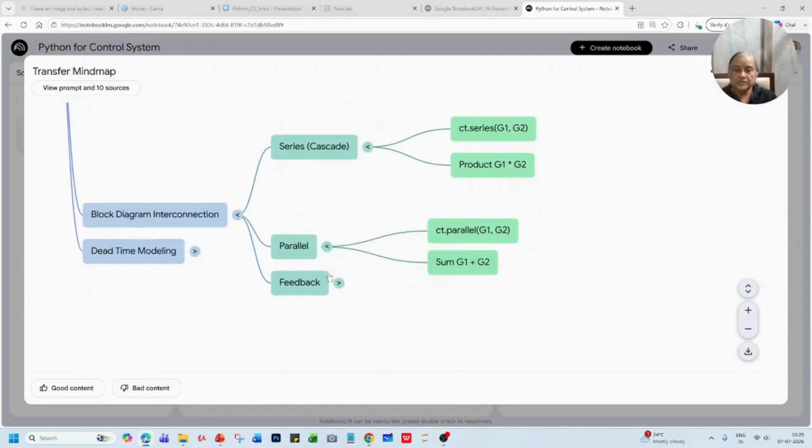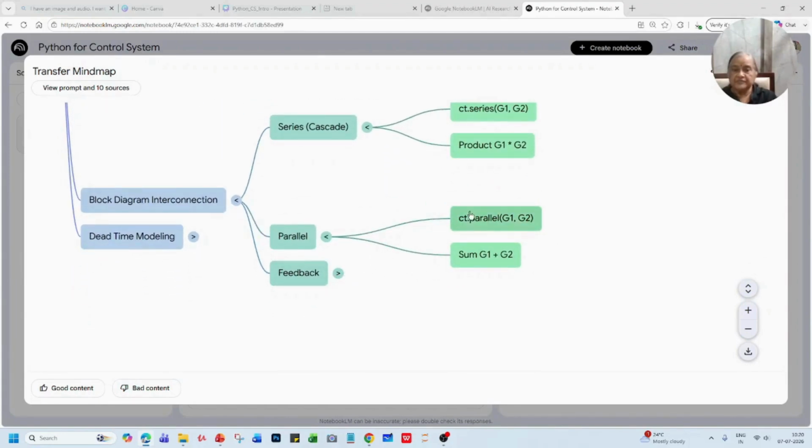When blocks are to be connected in parallel, we make use of the control function ct.parallel and pass the two blocks which are to be connected in parallel. This gives the resulting transfer function as G1 plus G2.